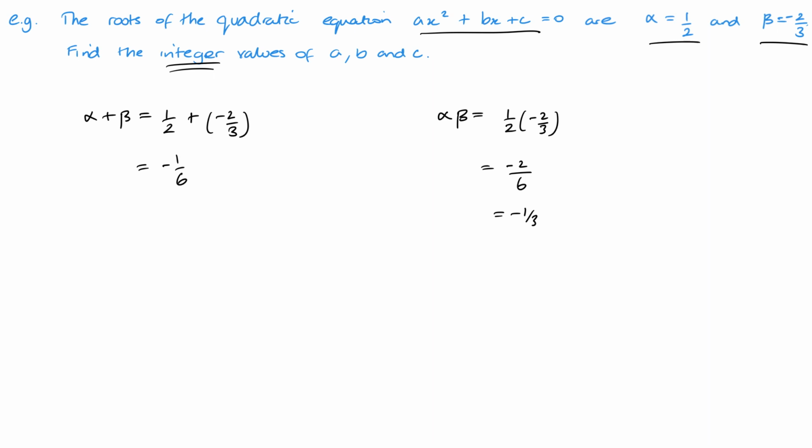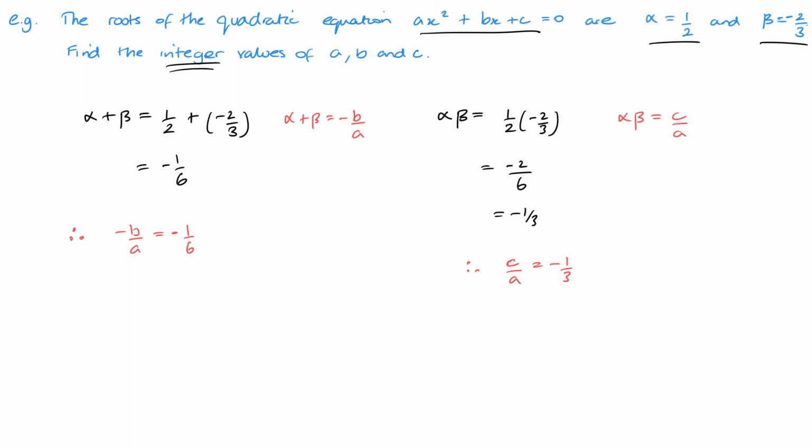Now then, I also know that my alpha plus beta was minus b over a. So if you remember, alpha plus beta is minus b over a. Okay, so therefore minus b over a is equal to minus 1/6. And alpha times beta is c over a. So therefore c over a is equal to minus 1/3.